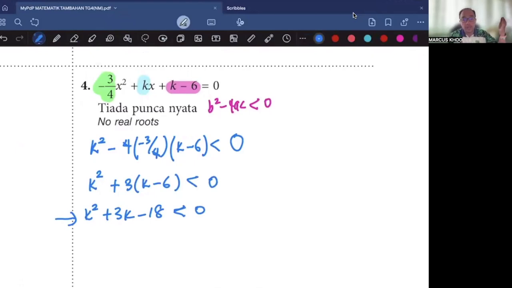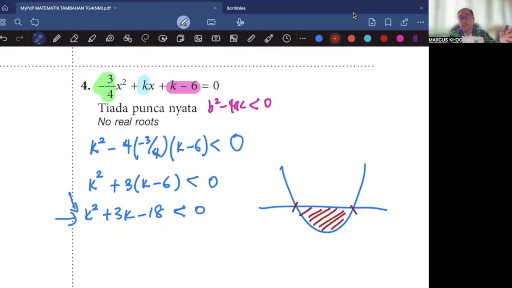First, we determine, is the first number with the squared a positive number? Over here, yes, it is a positive number, so we can immediately draw the U-shaped graph. Secondly, less than 0 or more than 0? Less than 0. Less than 0 means the place where we want to shade is over here.